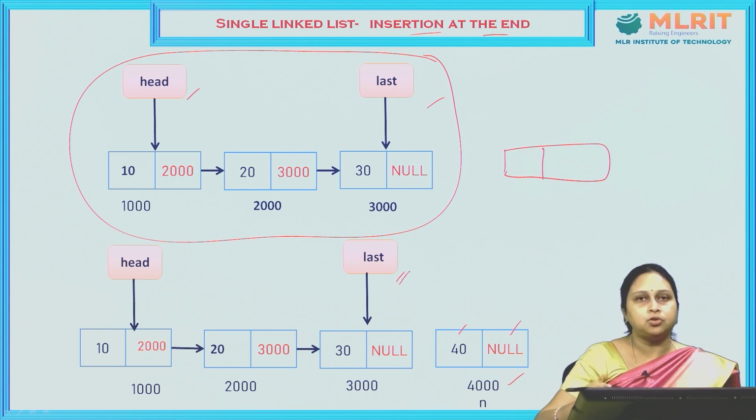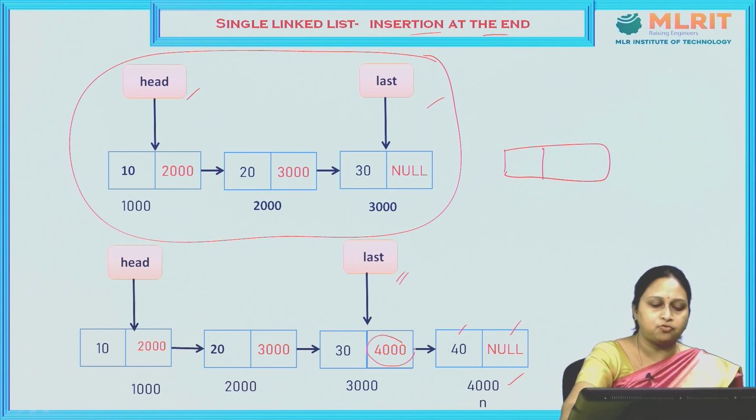Now, the new node which we have entered has to become the last node. That means we need to make the connection between the last node and the new node. Now, establishing the connection between the last and the new node which we have inserted at the end, we are going to store the address of the new node into the last, in this way with 4000.